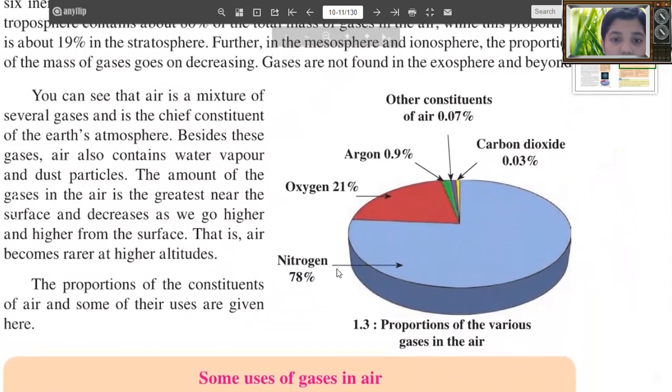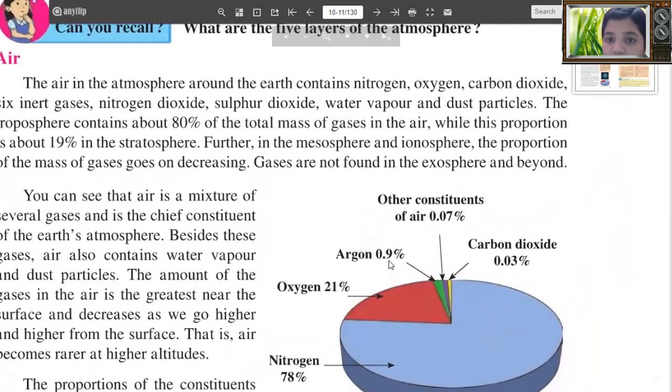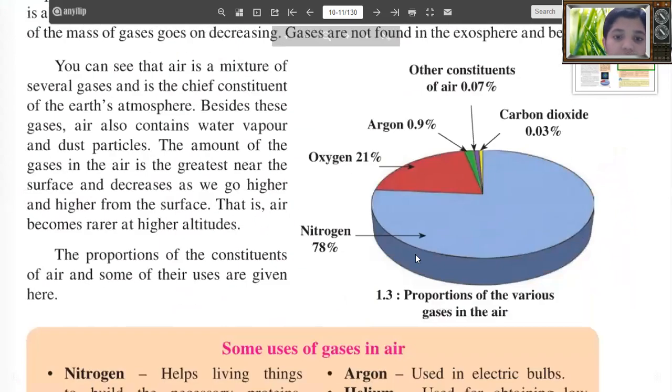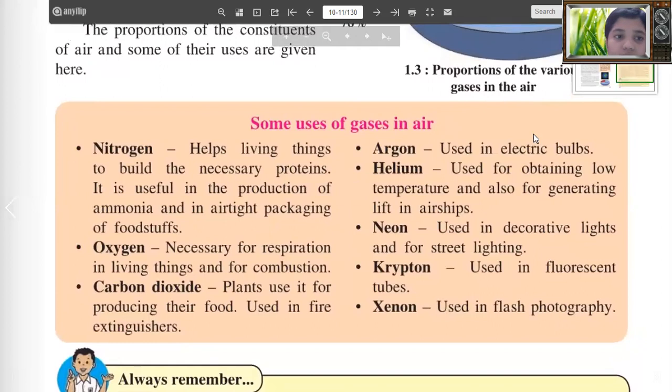98% nitrogen, 21% oxygen, argon 0.9%, other constituents of air 0.7%, carbon dioxide 0.3%. Some uses of gases in the air. Nitrogen helps the living things to build the necessary proteins.